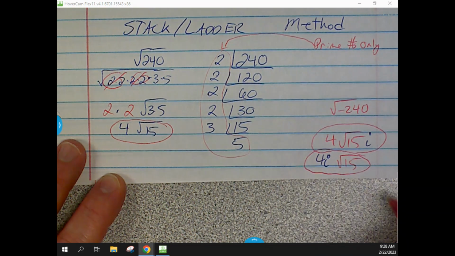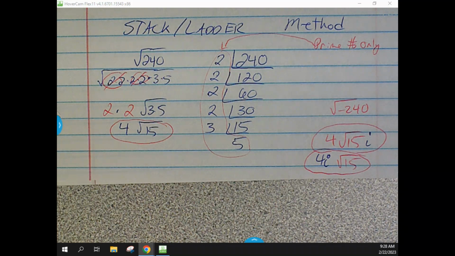If it's Math Excel, you might want to click on view an example just so you can see, because sometimes they're okay putting the i here and here. Sometimes they only want the i in one specific spot, and you might have to look at the example to see where they want you to put it. But if we're doing a paper pencil test, I don't really care, because either way is correct. It's just some people like one way more than the other.